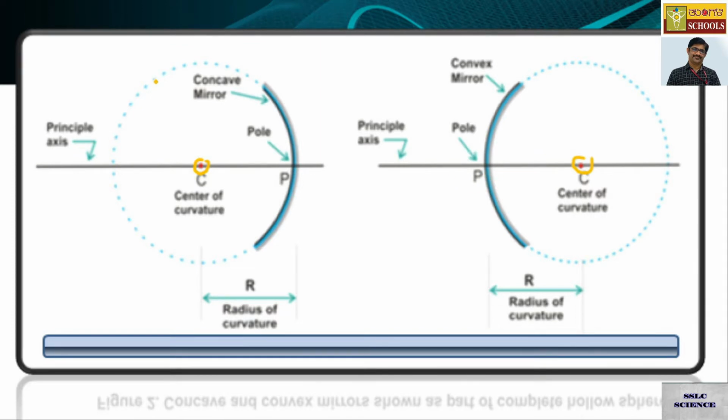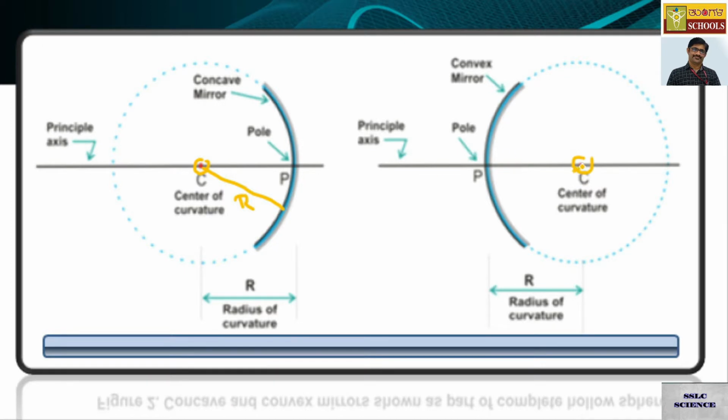Second one is the radius of curvature. Assume there is a line, so that is nothing but the radius of that circle.